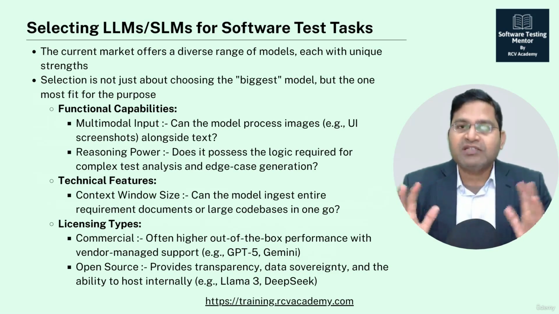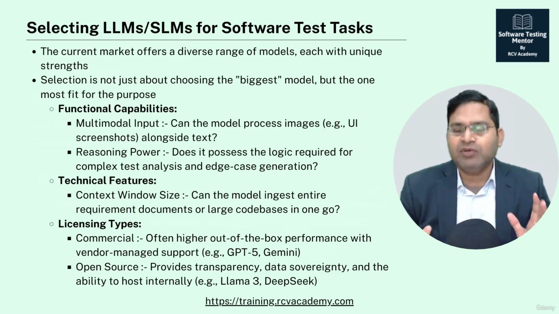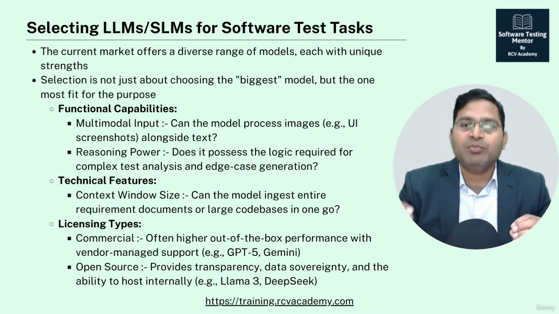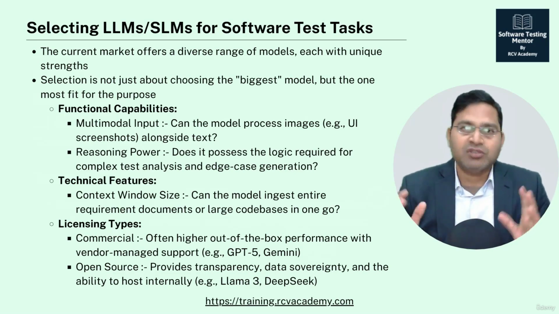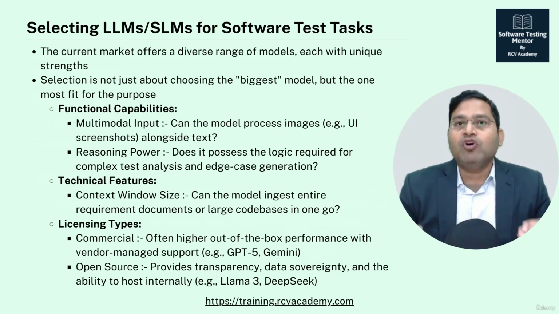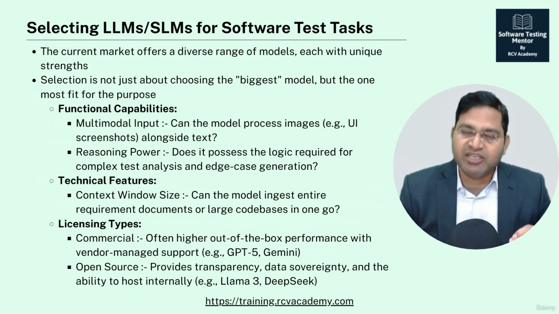If we talk about the functional capabilities, some of the criteria that you can use to decide which model is the best fit. Functional capability, just check for that. Multimodal input. Do you need multimodal input, wherein the model can process images, UI screenshots alongside text, videos, all of that. Reasoning power, does it pass the logic required for complex test analysis and edge case generation.